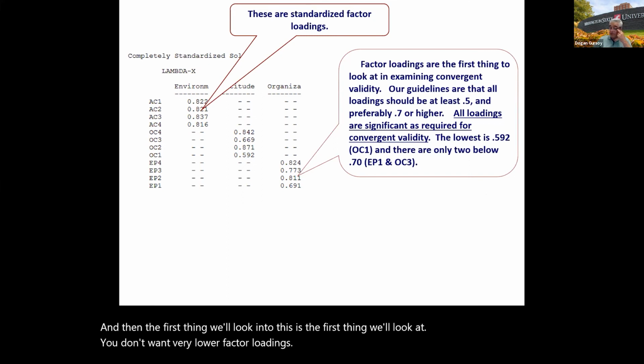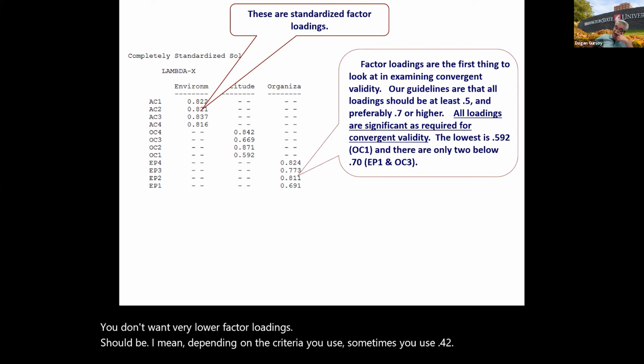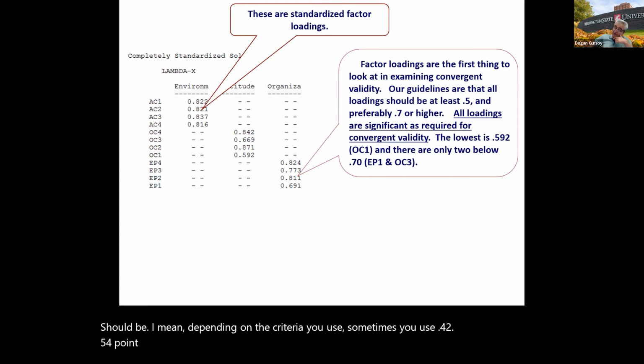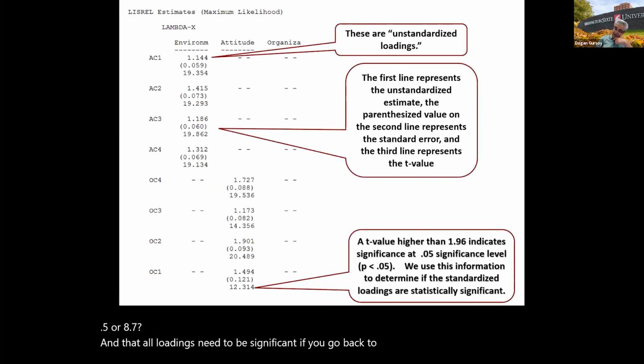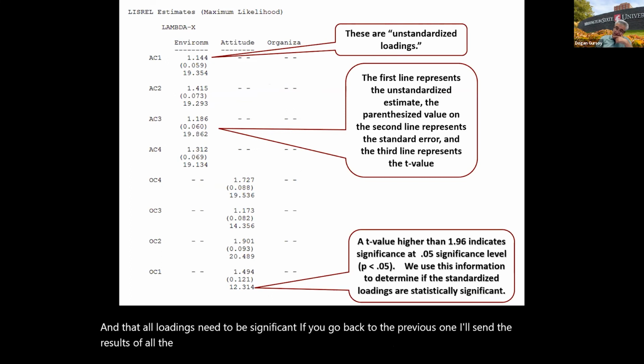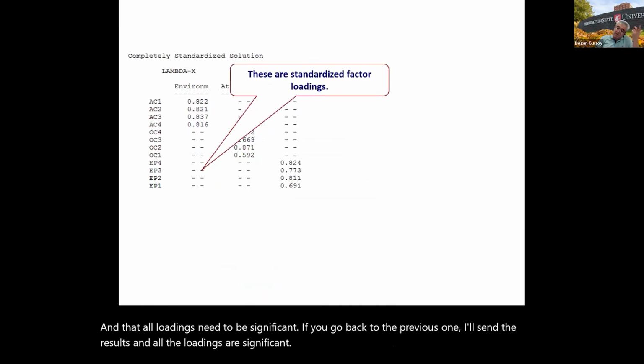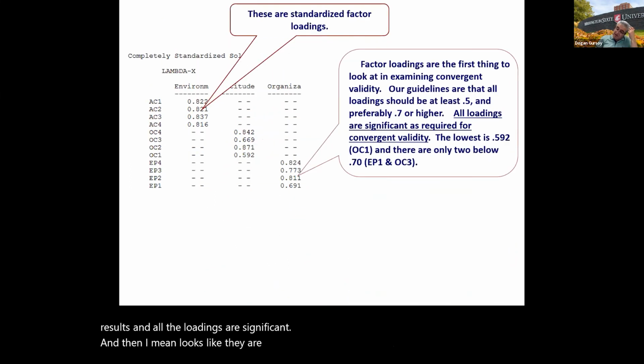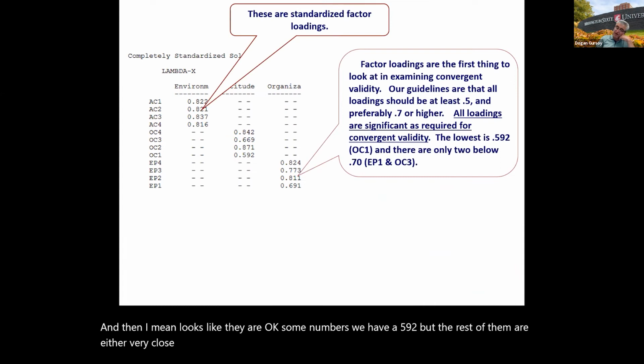Depending on the criteria you use, sometimes we use 0.4, 0.5, or 0.7. And all loadings need to be significant. If you go back to the previous unstandardized results, all the loadings are significant. It looks like they are okay. Some numbers are 0.592, but the rest are either very close to 0.7 or higher than 0.7. So this is the first criterion.